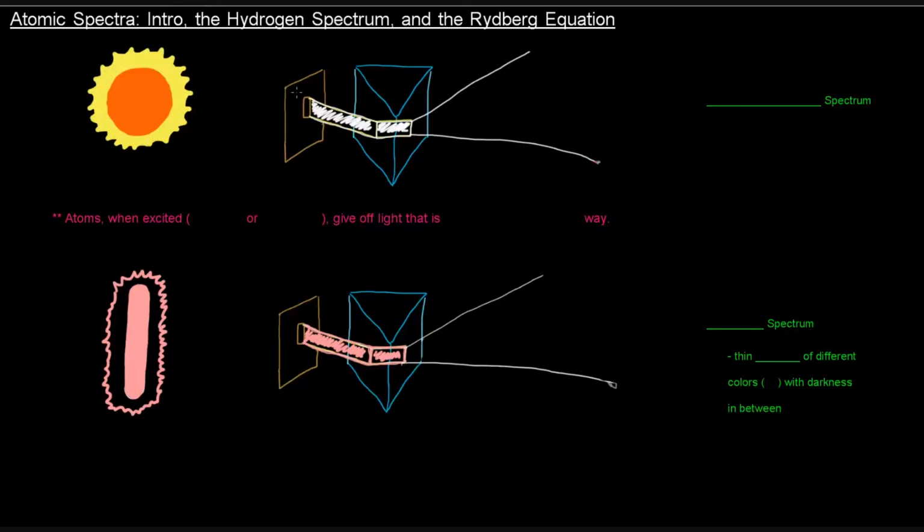Thank you and enjoy. So in this video we'll discuss atomic spectra and specifically the hydrogen spectrum and the Rydberg equation. So here we have a sun, and the sun gives off light. We got sunlight.